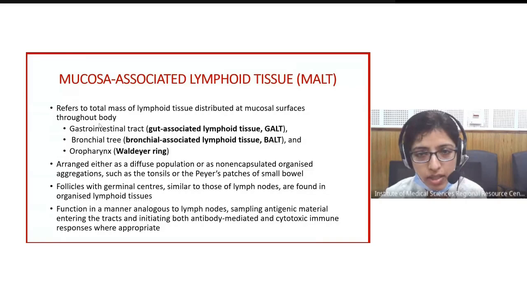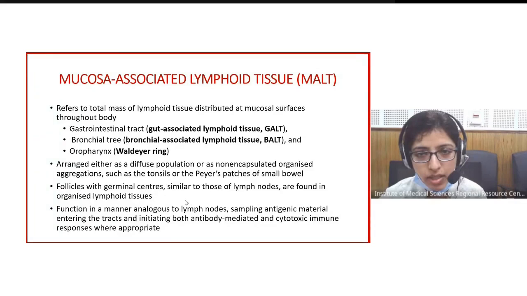The lymphoid tissue associated with the gastrointestinal tract is called gut associated lymphoid tissue or GALT. That associated with the bronchial tree is called bronchial associated lymphoid tissue. In the oropharynx, we have the Waldeyer ring, which is also a component of the immune system. Similar to lymph nodes, they have follicles with germinal centers.